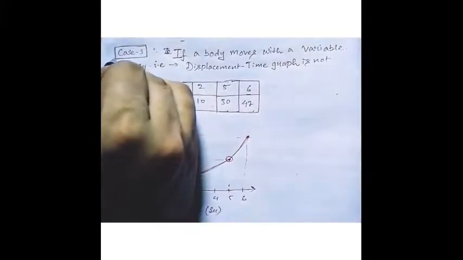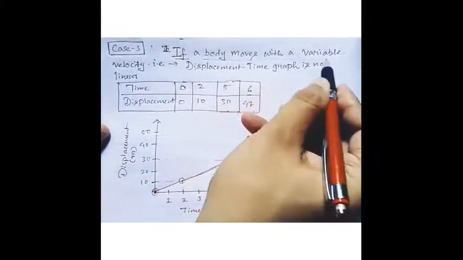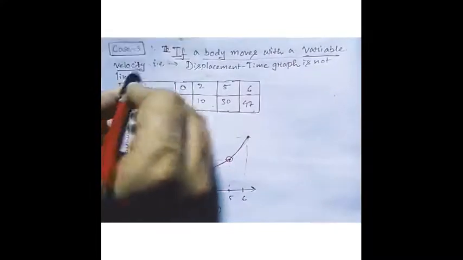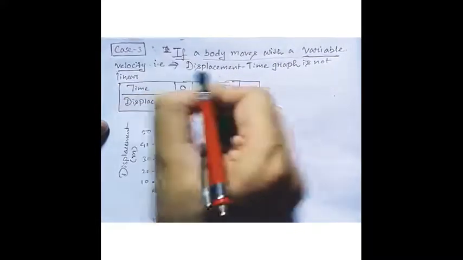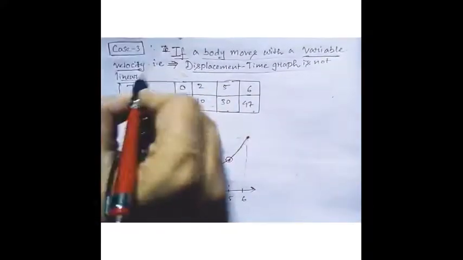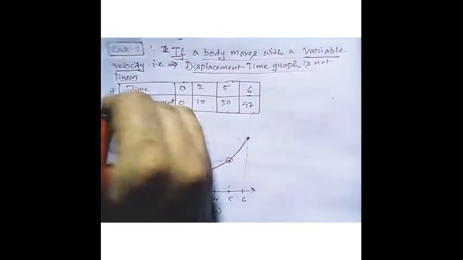Now case 3. Case 3 is if a body moves with a variable velocity, not uniform velocity. The variable velocity actually means the displacement time graph is not linear. Before, you saw every displacement time graph was linear, but now this is not linear.